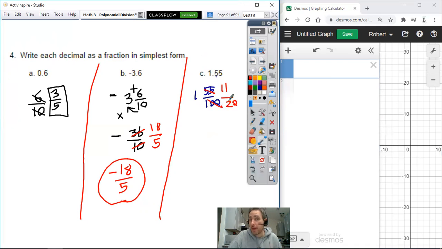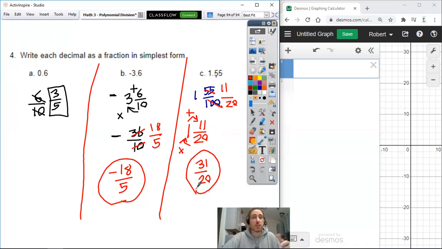Now that's a little bit more manageable, right? So 1 and 11/20ths, multiply those, you get 20 plus 11, so it's 31 over 20. 31 is prime, can't reduce that, so it should be 31 over 20.